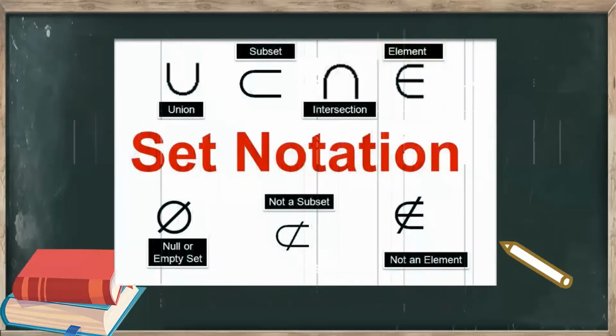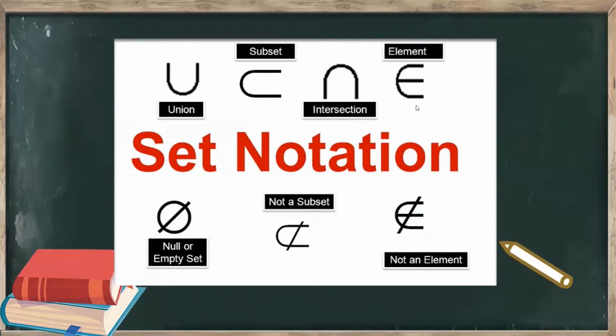Now, there are a few notations that we'll be using in this chapter. Not only in this chapter, I'm sorry, in all of math. One is what we studied earlier, element. And then, this symbol is called the subset symbol. So if I write A subset B, that means A is a subset of B. Likewise, this is the symbol phi.